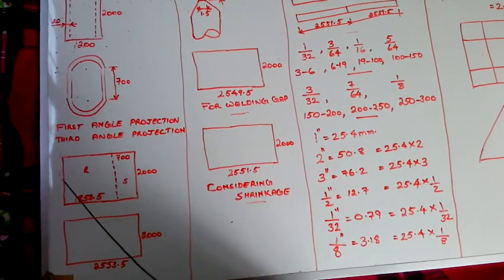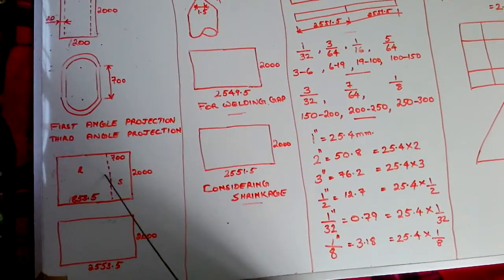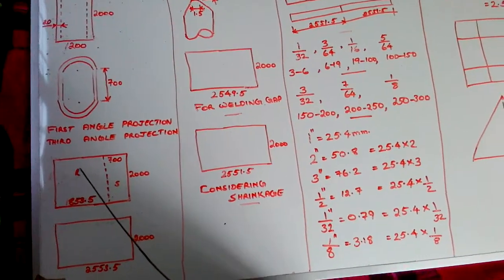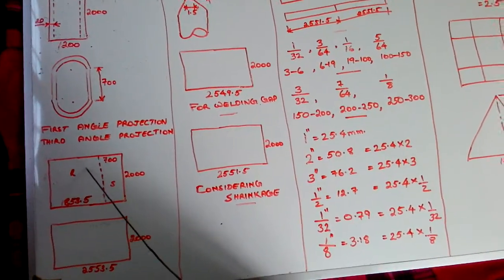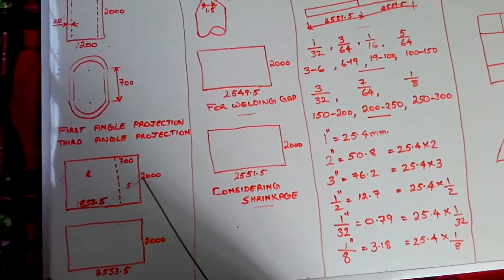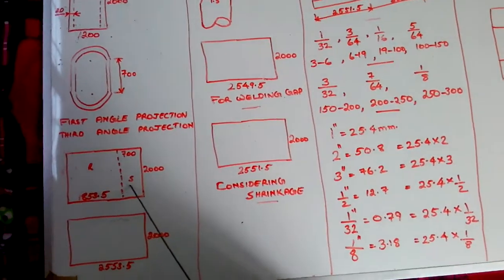From here to here is the rolled portion. I have written rolling. This portion we have to keep in the rolling machine, the bending machine, and roll it. And from here to here is the straight portion. I have written S here.